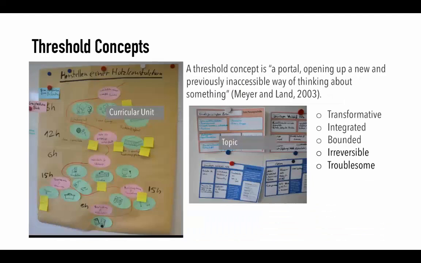Another thing that we talked about in this particular workshop were threshold concepts. A threshold concept is, this term stems from the work of Meyer and Land, who were trying to figure out why some students struggle in STEM subjects. And they came up with this idea of threshold concepts as a portal that opens up a new and previously inaccessible way of thinking about something.